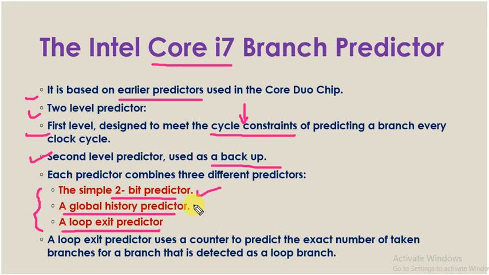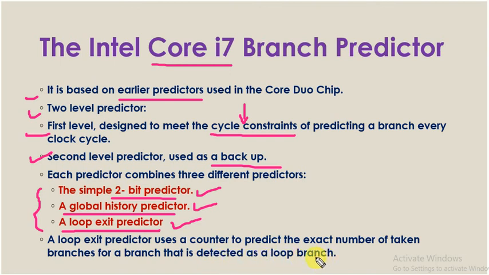It uses a global history predictor as in the case of the tournament predictor, and it also uses a loop exit predictor, that is based on the loop exit condition, and based on that it can identify or predict the behavior of a particular branch. So a loop exit predictor, which is a new thing here, uses a counter to predict the exact number of taken branches for a branch that is treated as a loop branch.